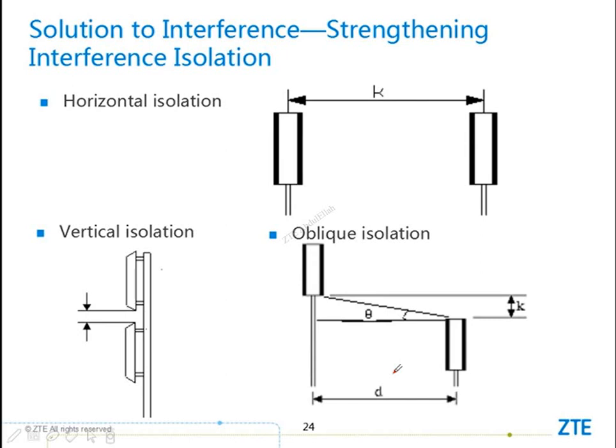For example, if there are multiple antennas and feeder systems on the same tower, you need to know how many operators' antennas and feeder systems are on this tower and which frequencies they use. You need to increase the isolation. You can use, for example, vertical isolation to solve this problem. So the main method to solve this problem is to increase the interference isolation.